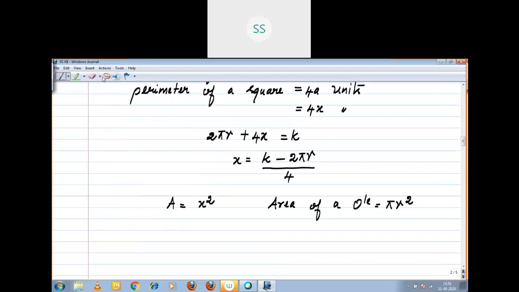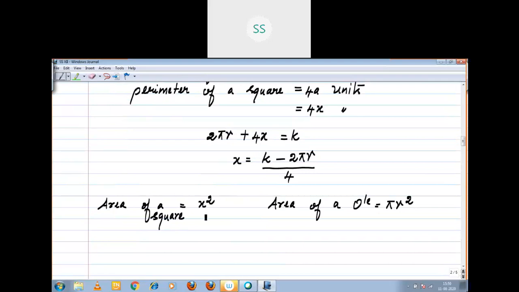Here you have to do one small correction: instead of a, you write area of a square first. It is easier for your understanding.